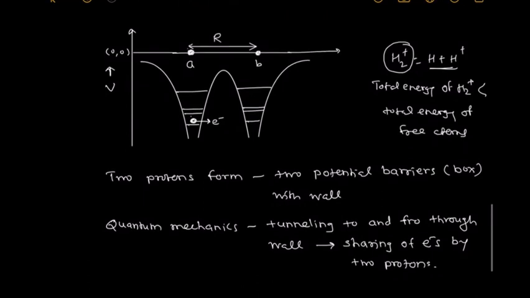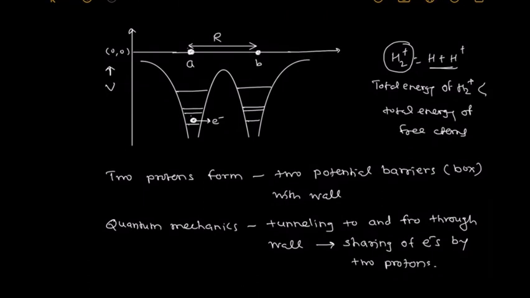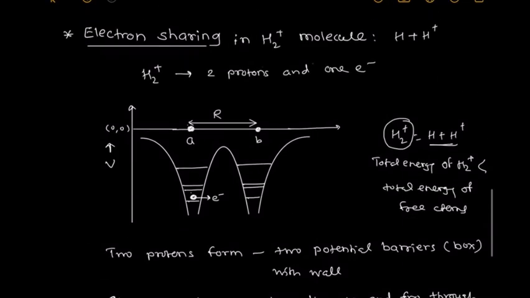Hence, quantum mechanically, the probability of tunneling is possible. The tunneling back to the original potential barrier is also possible. Hence, that process is equivalent to sharing of the electron by the two protons. Hence, that theory also suggests that due to sharing of the electron between the two potential barriers by these two protons, they form a stable molecule. Thank you.